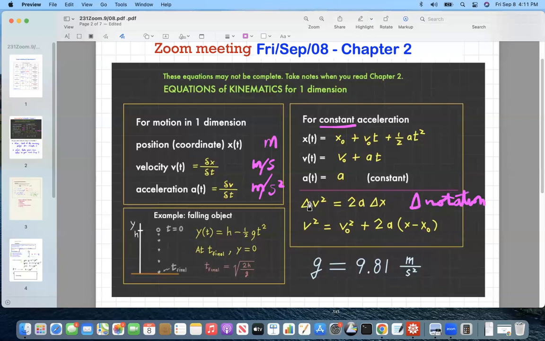Now, when you use a capital delta, that means that it can be any size. It doesn't have to be particularly small. But when I use a lowercase delta, that implies that the change is very small. So here, delta t, the time over which the velocity is written, is a very small time interval, maybe a millisecond.